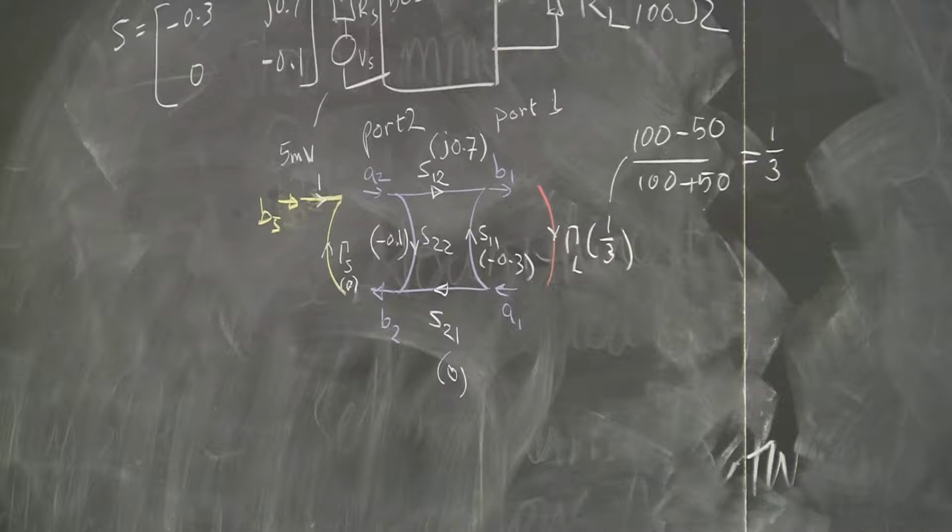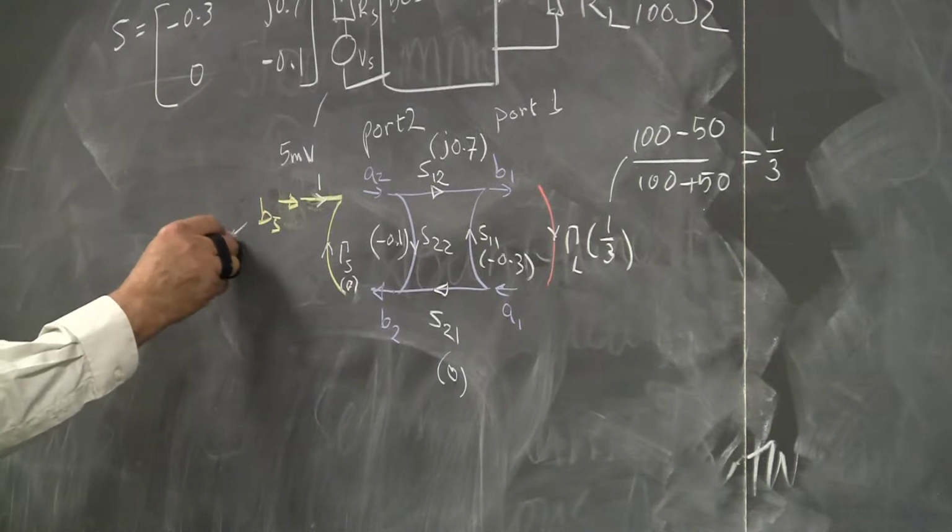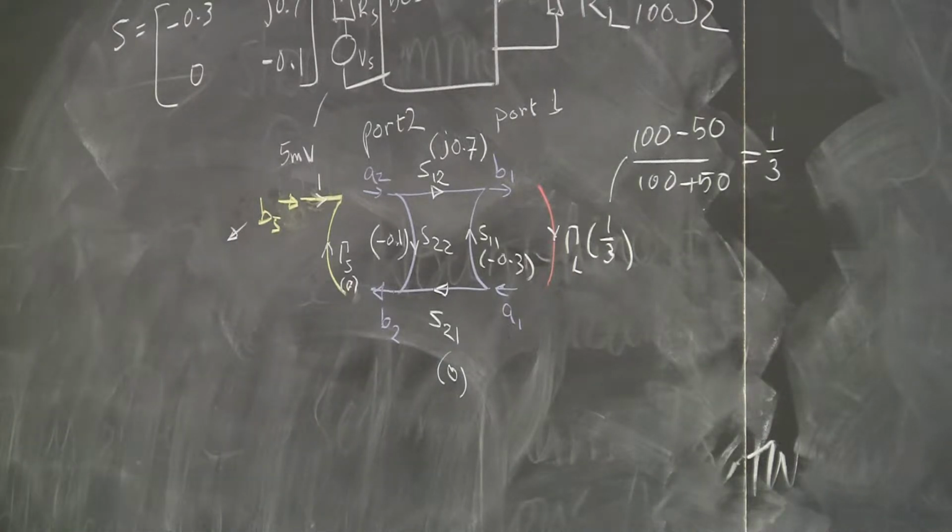Determine BS, B1, B2, and Zin. All right? BS, how much is BS? I don't remember if I gave you an equation for that or not before. I did not. Okay. So let's work this one out on the side here.